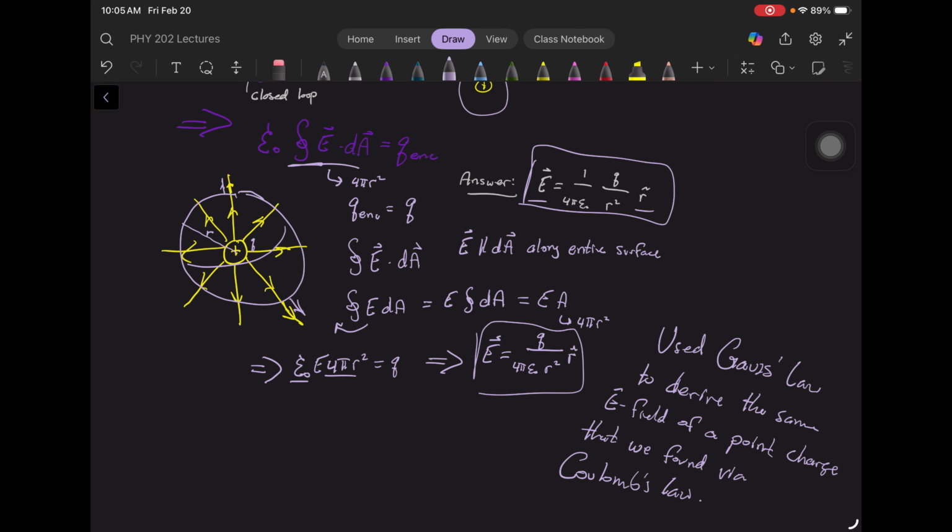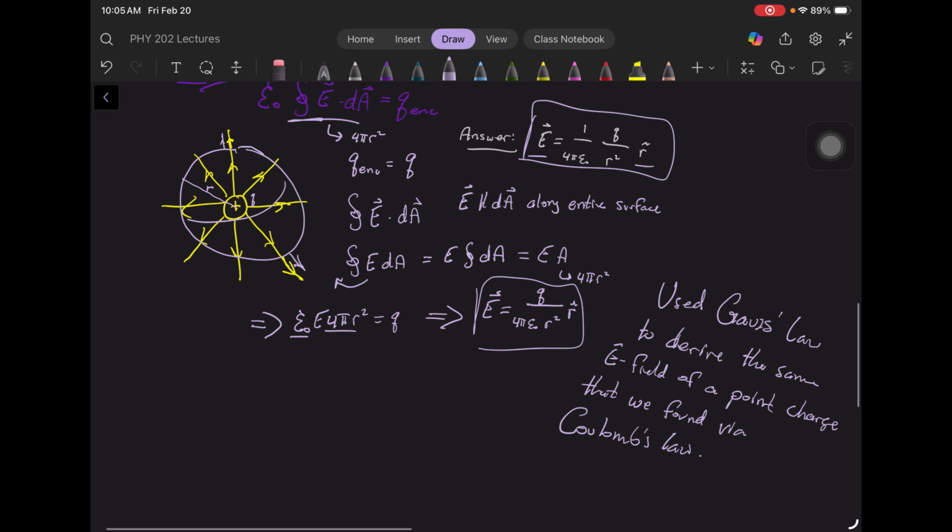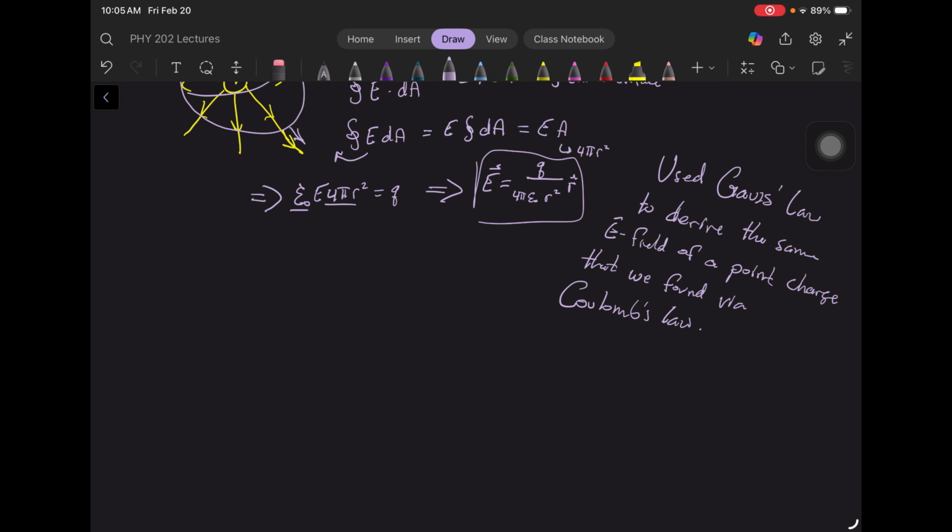Let's see what we want to go to next. We can talk about a conducting surface. Well, yeah, let's hit a cylinder real quick. So I think that's 23-7.